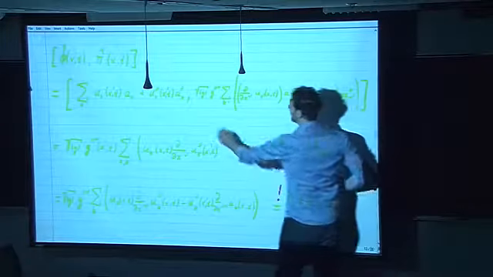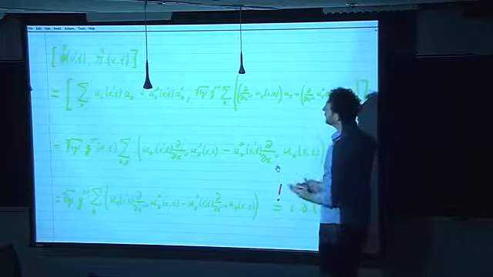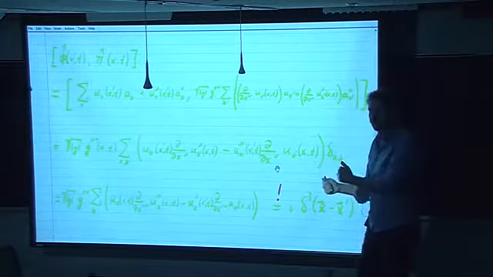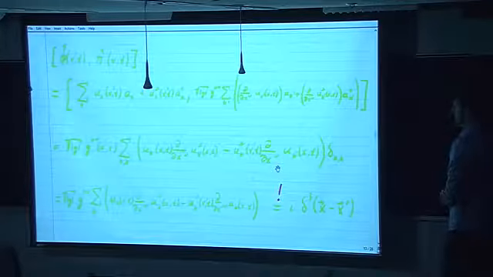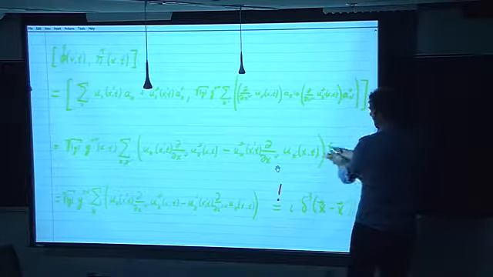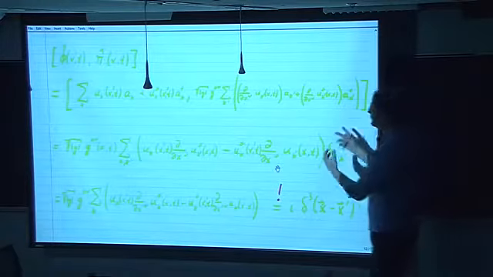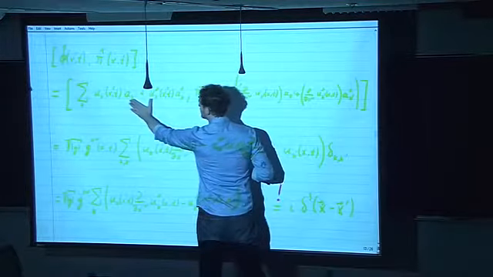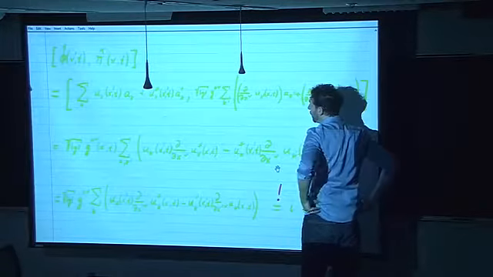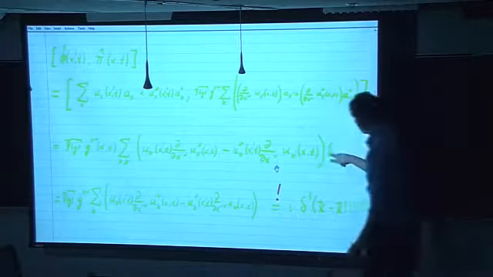And then there's the term where we have an A dagger and an A. Here the commutator gives us a minus sign, because the commutator between A dagger and A gives us a minus Dirac delta. So all of this has deltas, multiplying deltas, because of the A and the A. Remember that here we have a sum over all k, there we have a sum over all k prime, and so we only get non-commutativity when k is equal to k prime. That's why we get the deltas here.